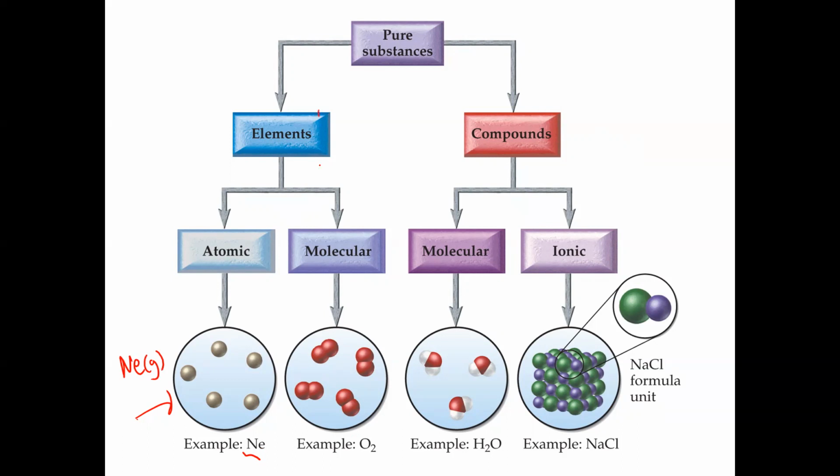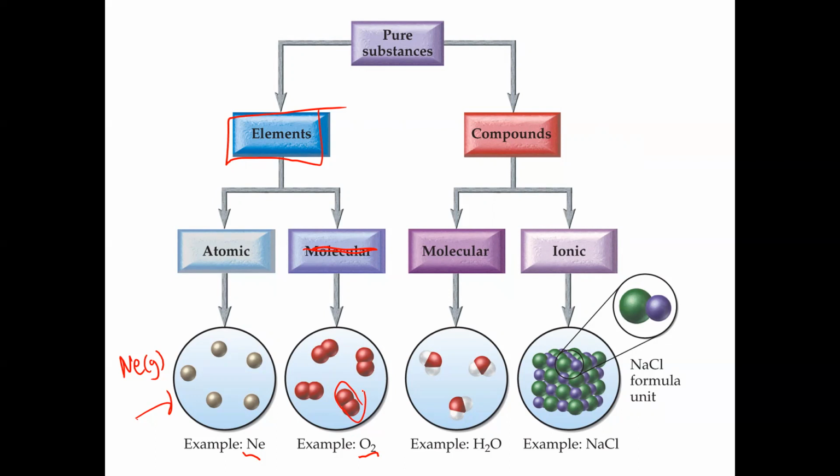But I can have an element that, I don't like the term molecular, right? It's still an element, and it's still one type of atom, right? But now the atoms are not just by themselves. So in the example of oxygen, we have the subscript 2 because we have two oxygens hooked up together.